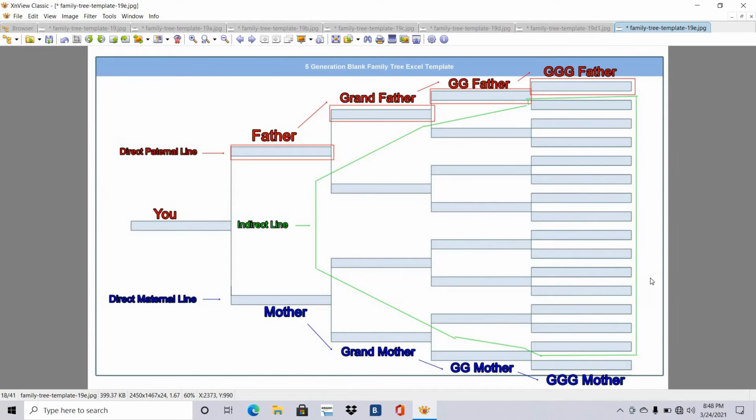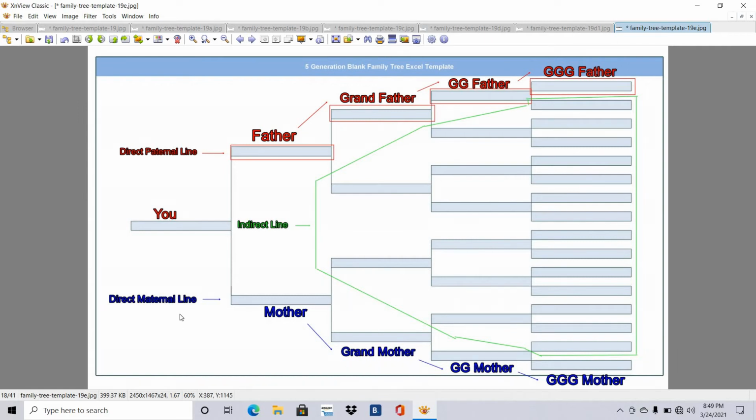A lot of people get this wrong. A lot of people who are really into their genealogy. There are even some genealogists that get this wrong. Some of them are on TV, and they get this wrong. This is the paternal line from you to your father, to grandfather, great-grandfather, and so on. That's your direct paternal line.